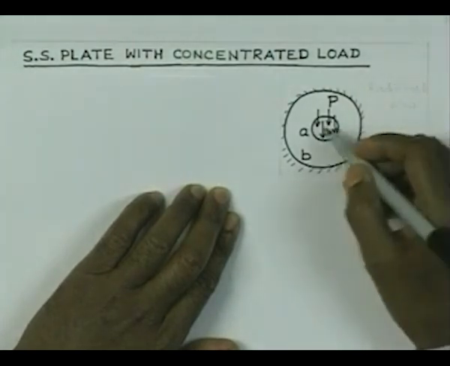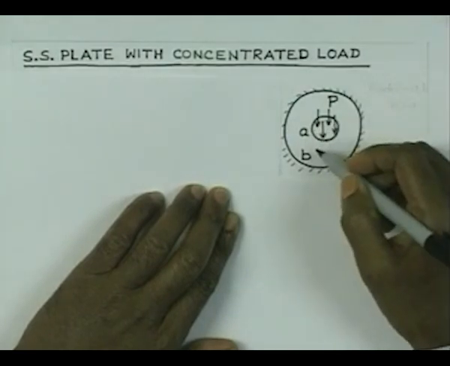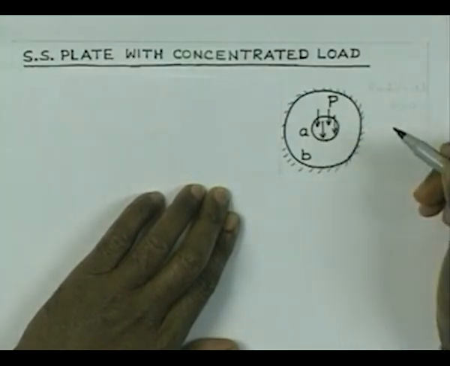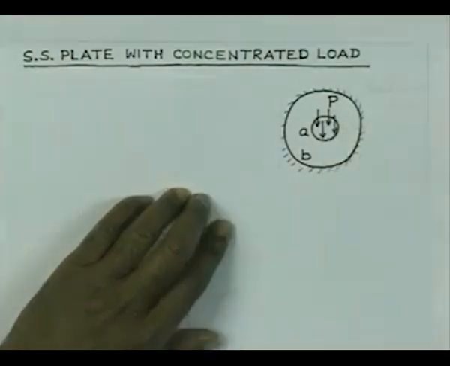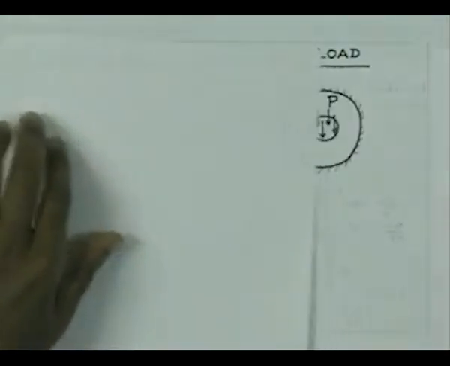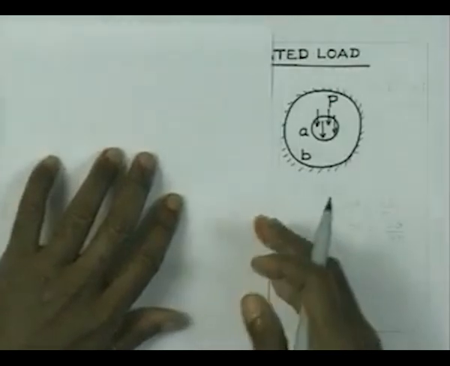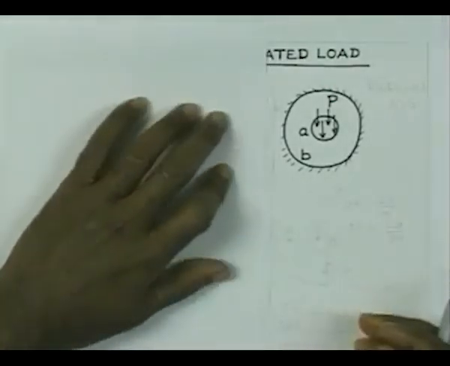We will try to see when this a shrinks to 0, then we will get the case of the concentrated loading. So, let us calculate the stresses for this case by taking the approximate approach that we have considered for the simply supported plate with uniformly distributed loading.